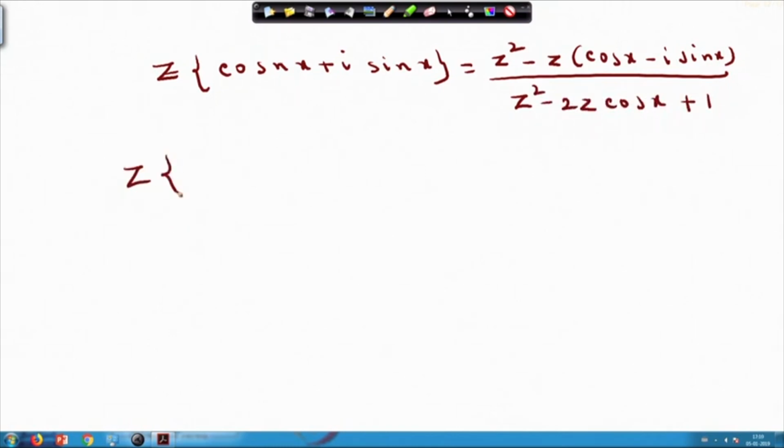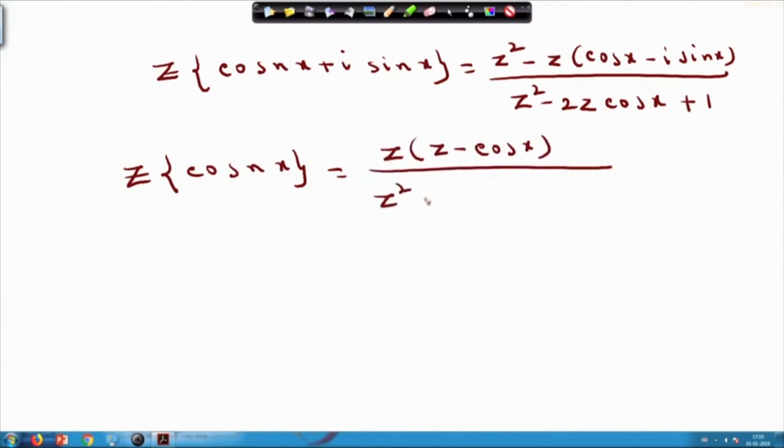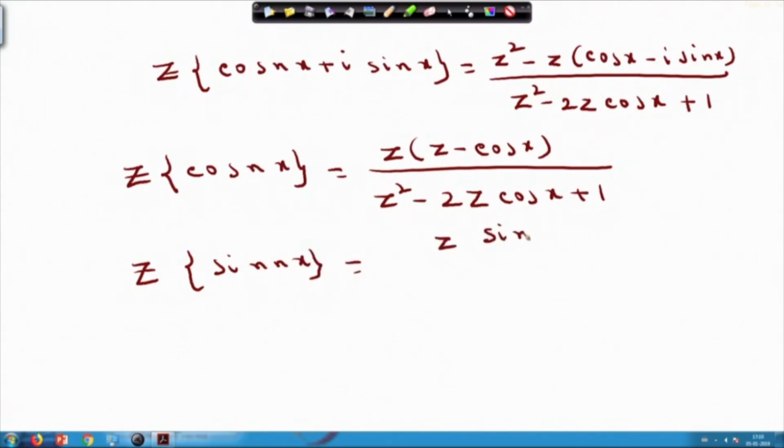If I equate the real and imaginary parts, Z transform of cos n x will be z into z minus cos x, divided by the denominator, which remains the same, z square minus twice z cos x plus 1, and Z transform of sin n x will be equal to z into sin x divided by z square minus twice z cos x plus 1.